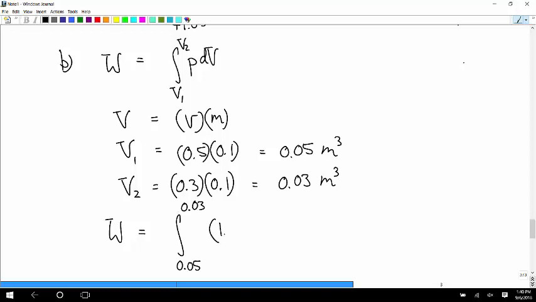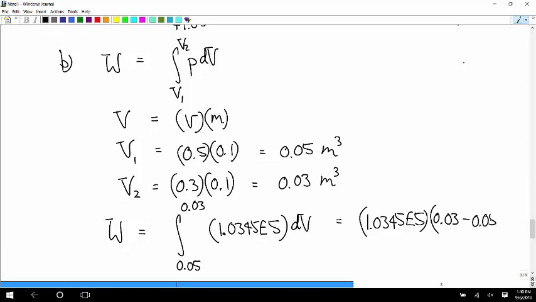Times that constant pressure, 1.0345 times 10 to the fifth dV. And that's equal to 1.0345 times 10 to the fifth times 0.03 minus 0.05.